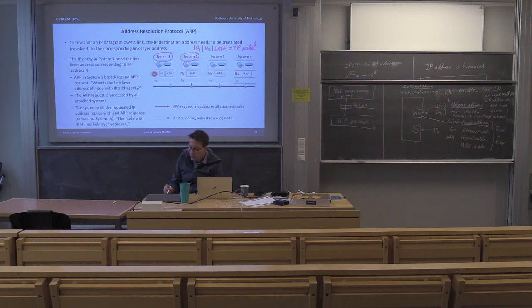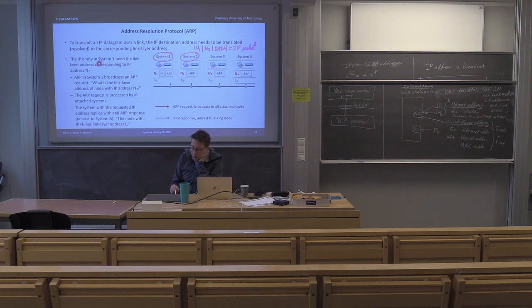The IP layer here, in the beginning, doesn't know what other nodes are attached to this local network and what the link addresses are. It knows, however, in its forwarding table, that there should be a system which has network address N2. Otherwise, things will fail, right?